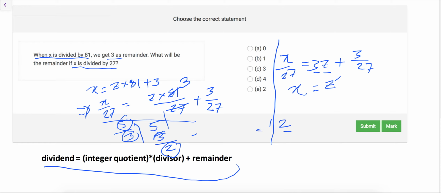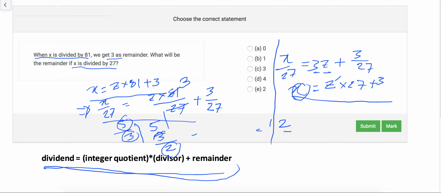So x will be z prime into 27 plus 3. Comparing this with the formula, the dividend is the same, which is x. z prime is our quotient and 27 is our divisor, and the most important part is the remainder. Here the remainder is 3, which is the same as when you divide x by 81.